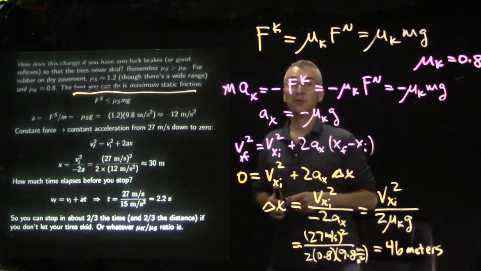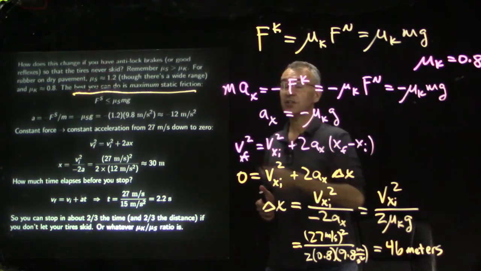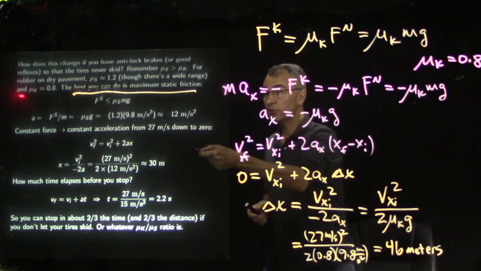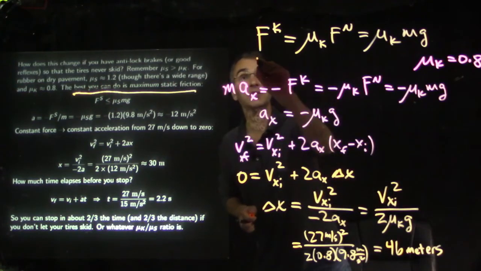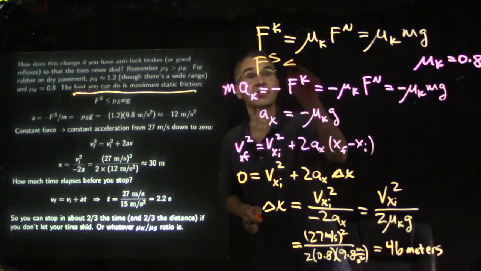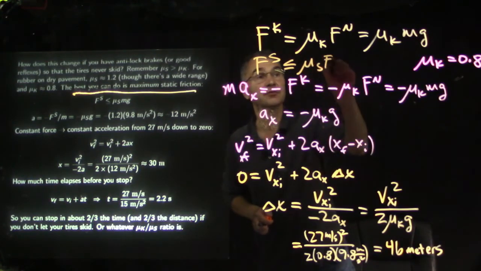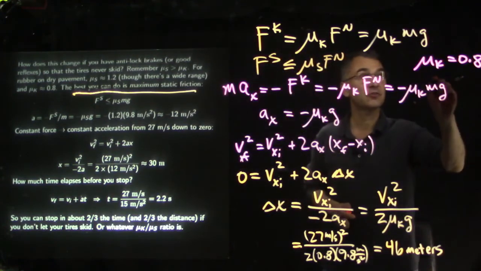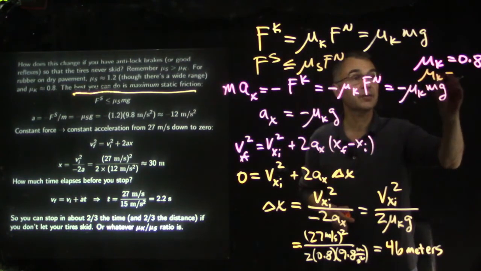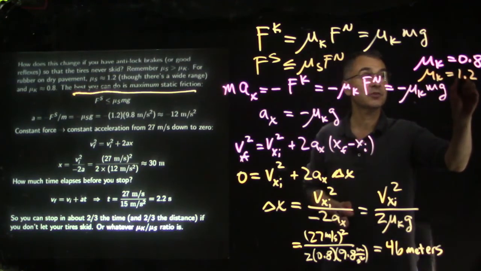If you have anti-lock brakes so that the tires never skid, you won't do quite this well, but the best you can possibly do is the maximum static friction. So instead you have F static is less than or equal to mu static F normal, right? Instead of mu kinetic of 0.8, let's say we have mu static of 1.2.